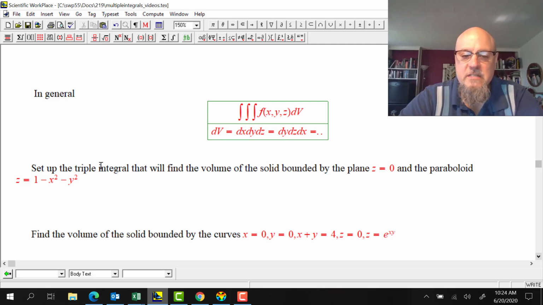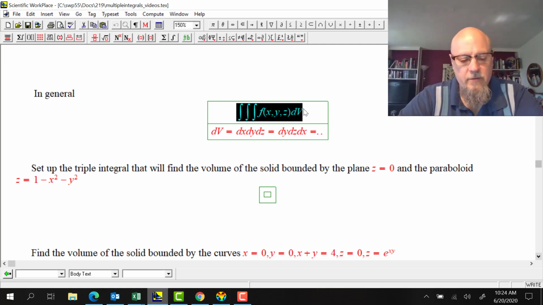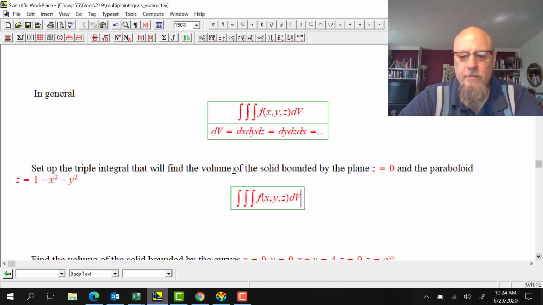Sure, but the question is set up the triple integral. So they want me to do this as a triple integral. So I'm going to be integrating this, but I want to find a volume.